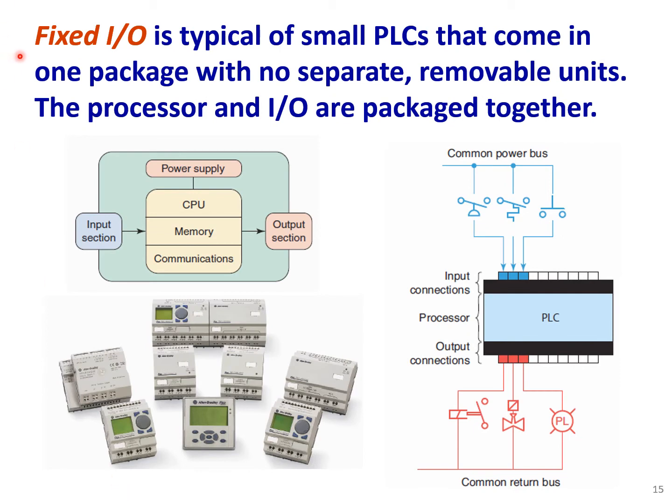Fixed input output or fixed I/O is typical of small PLCs that come in one package with no separate removable units. The processor and I/O are packaged together. So here you can see lots of these types of fixed I/O PLCs, with a CPU, memory, communication, input section, output section, and power supply, all of these parts integrated into one system or box.